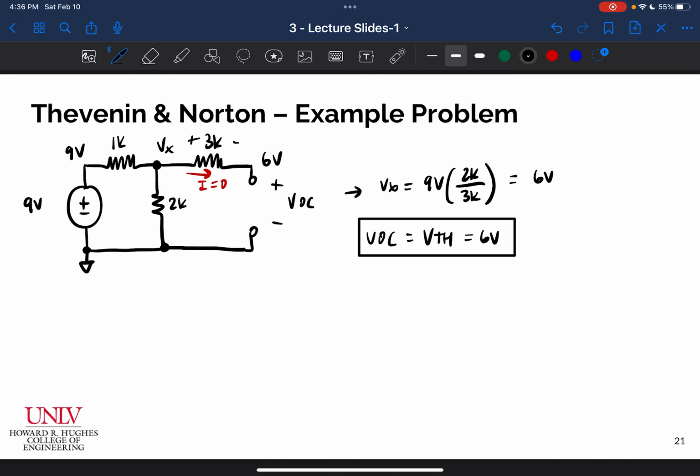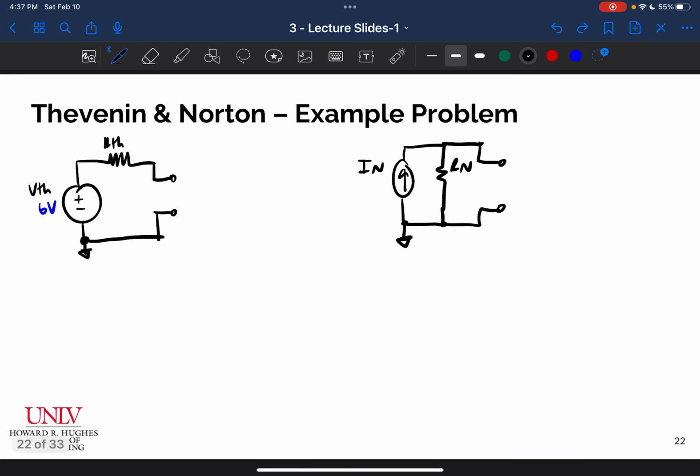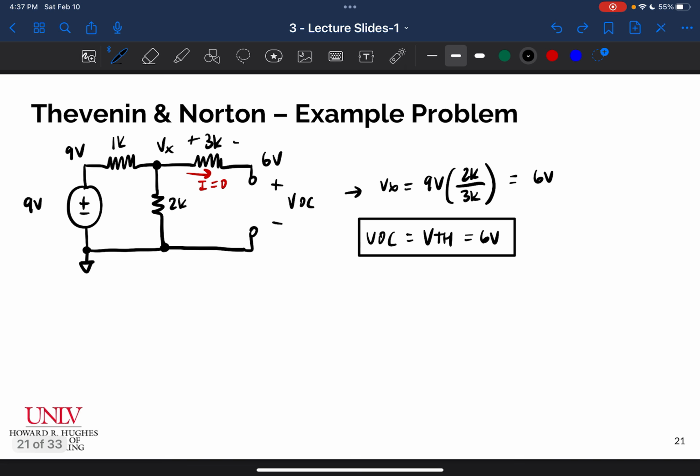So the first step was find the Thevenin voltage using circuit methods to determine VOC. We need to now find the short circuit current, which is the current through the load when the terminals are shorted. All right, so we go here. Nope, I went too far. We go here. We draw a short here.